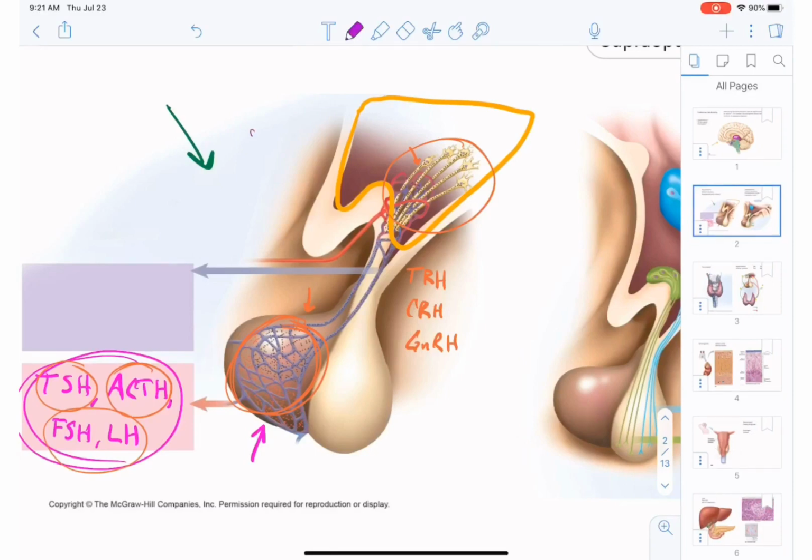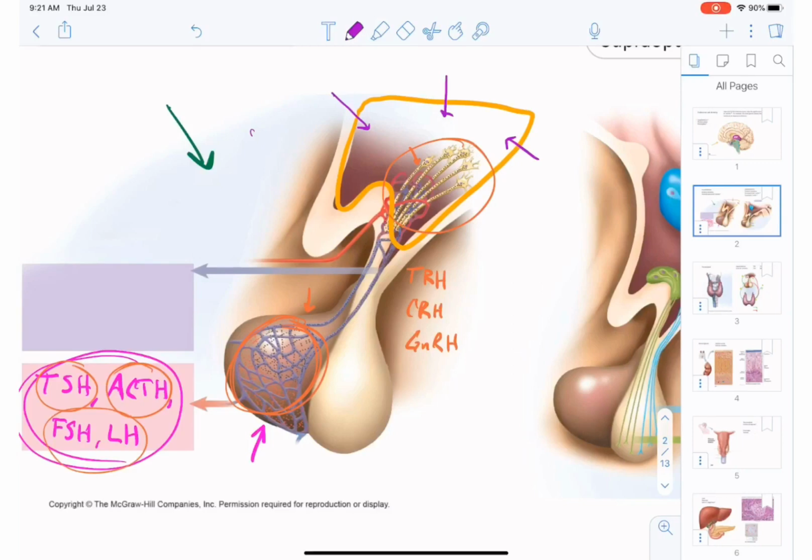So what is it about the hypothalamus that qualifies it to have so much control over some of these major endocrine axes? Well, the hypothalamus is part of the nervous system. It's in the brain. It's part of the central nervous system. And because of that, the hypothalamus is constantly receiving sensory information from all over the body.